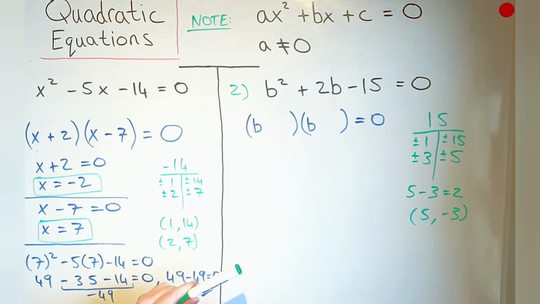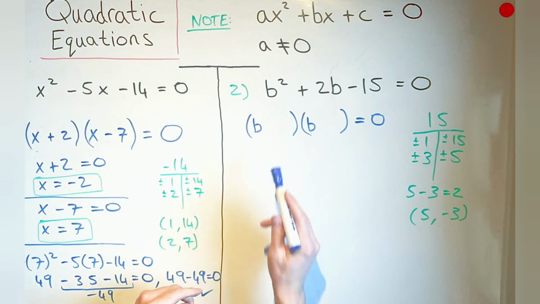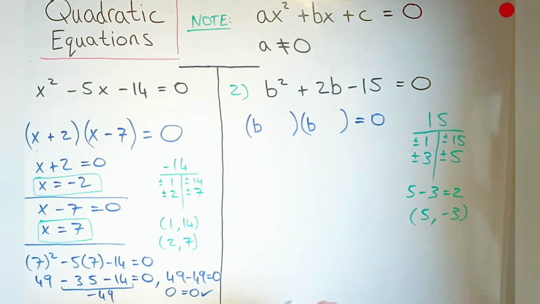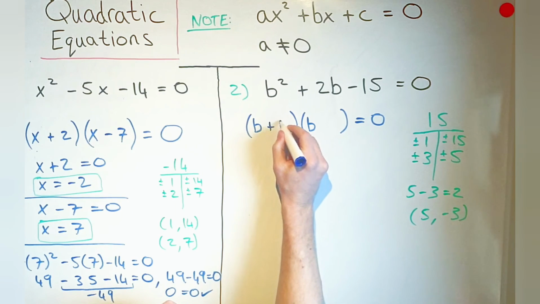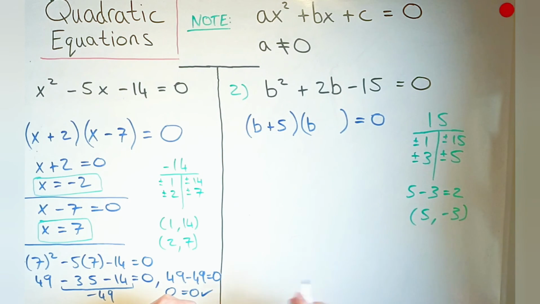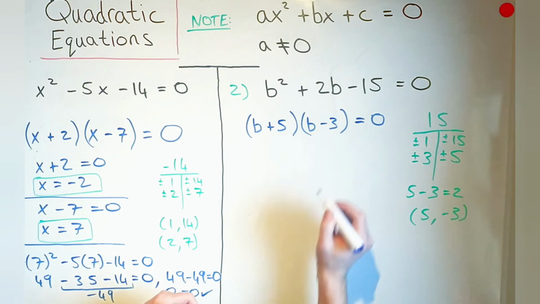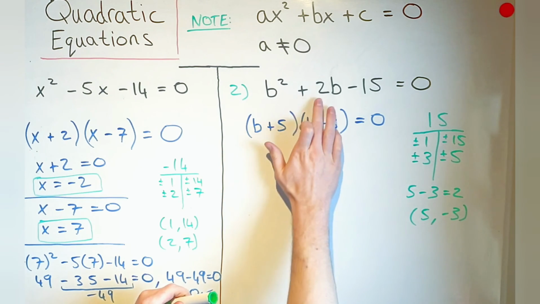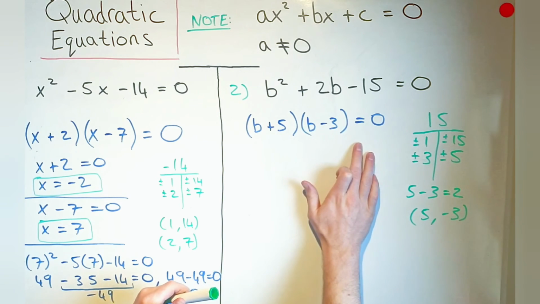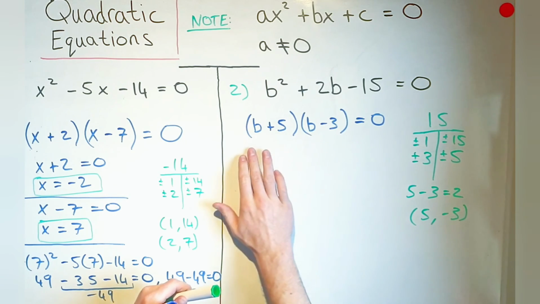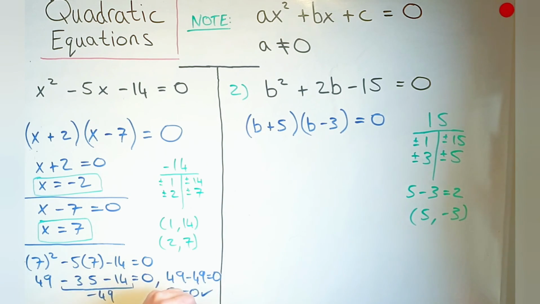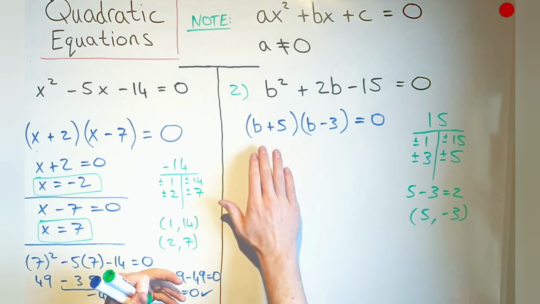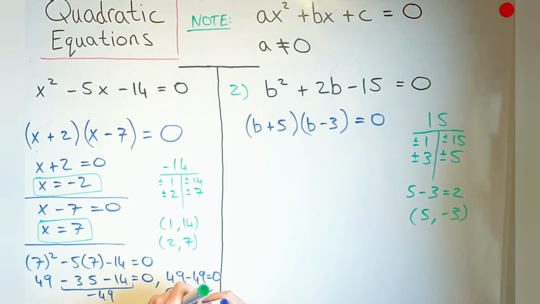Alright, so now we can just pick up what we found out and plug it into the factors here. So we have a positive 5, so b plus 5, and we have a negative 3, b minus 3. So what we have done here, as before, we have reformed this quadratic into a new form, but they're equal, remember. It just looks a little bit different. So now we formed it in a way that we can find the value for the variable b.